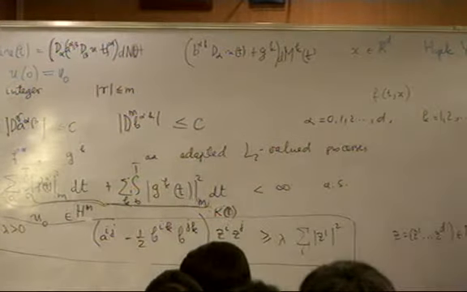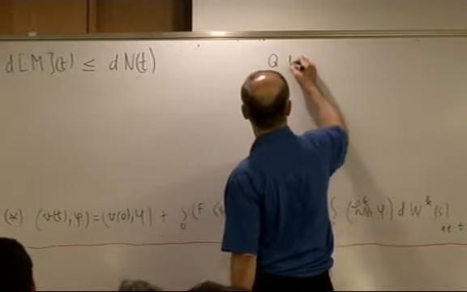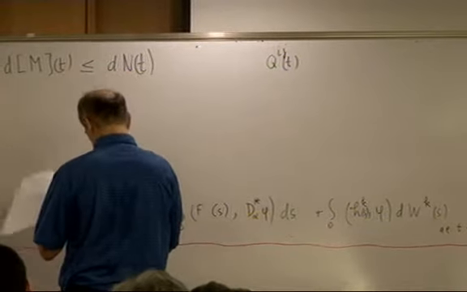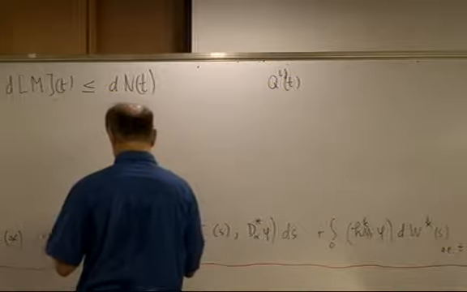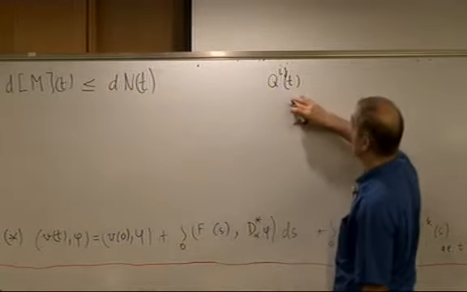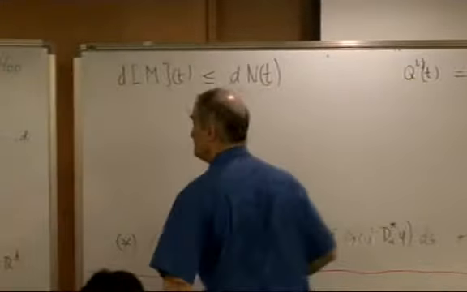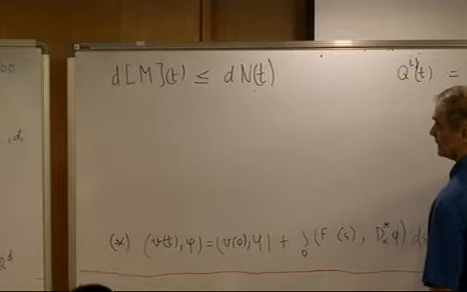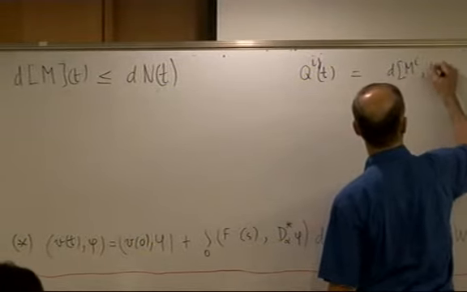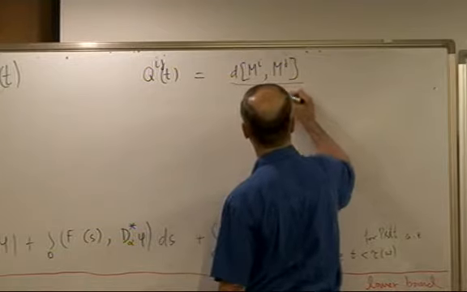So then one can show that there exists a Q_t process Q^{ij} such that this one is predictable and it equals d<M^i, M^j>_t.